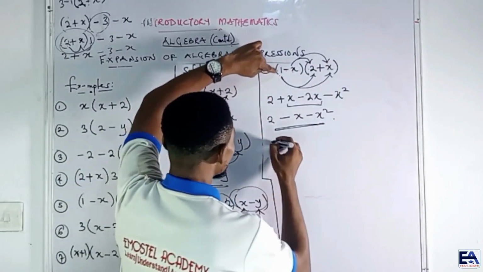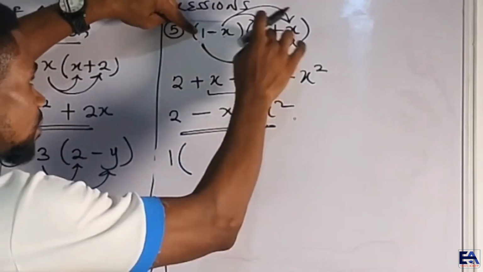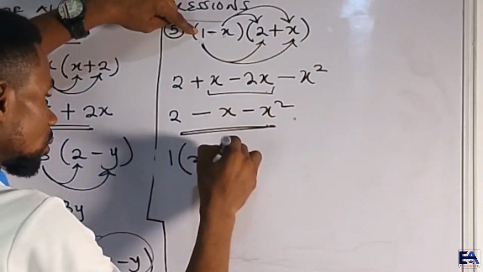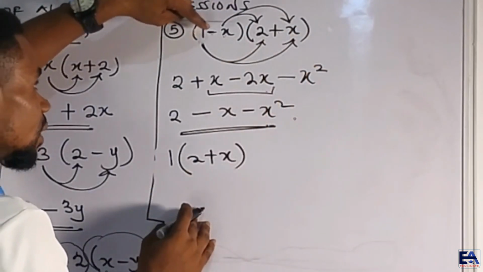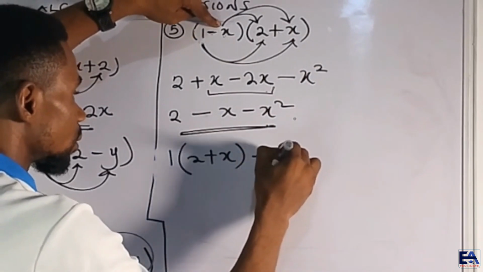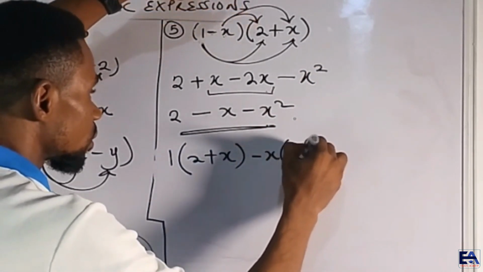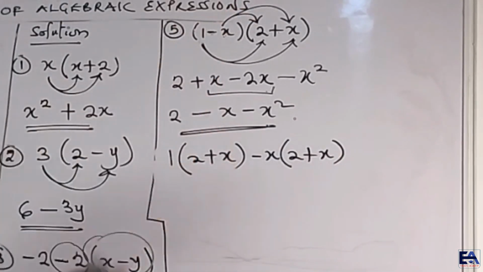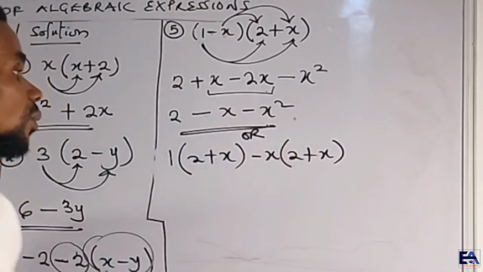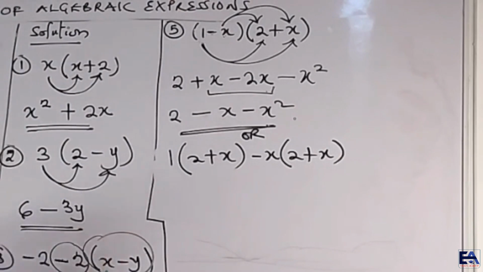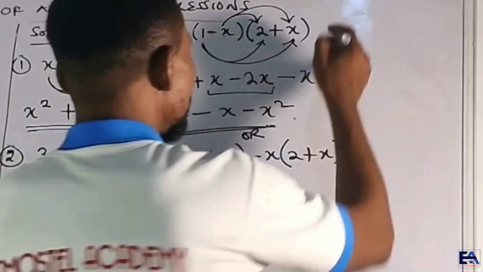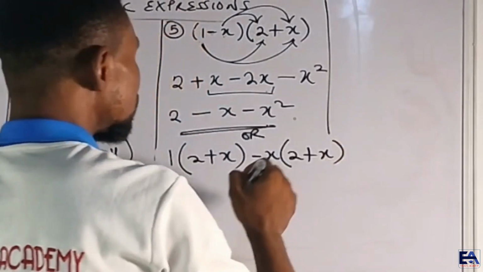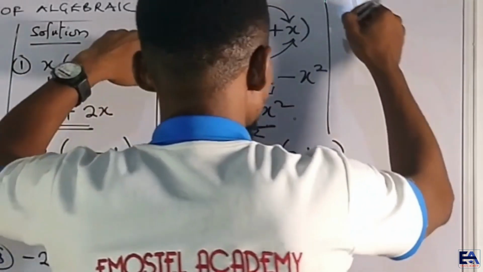You will say 1 multiplied by 2 plus x, okay, and then you say minus x multiplied by 2 plus x, which means the same thing that we did here, okay? That's an alternative way.